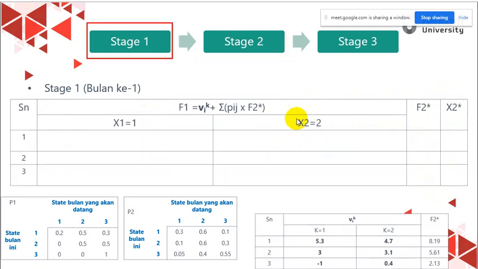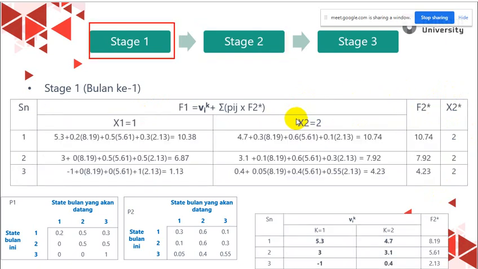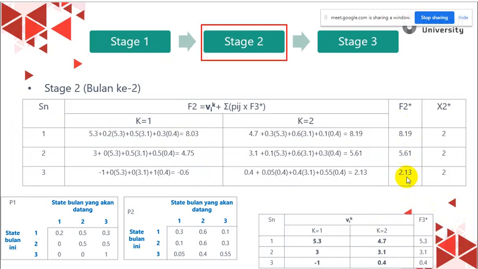And then after this, we continue. Stage 1 is like that too, but we are reading the second table from stage 2. So this number here, go to next slide, we give it to this number, yeah, 5.3, 3.1, 0.4.